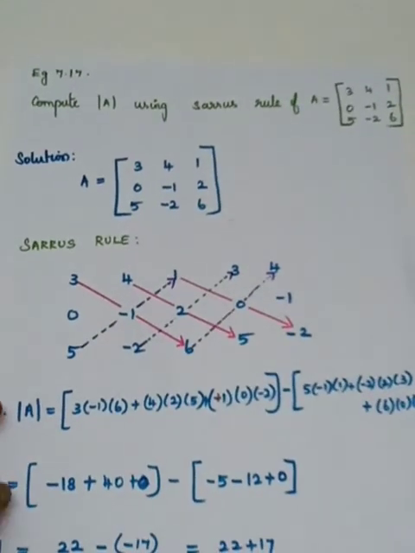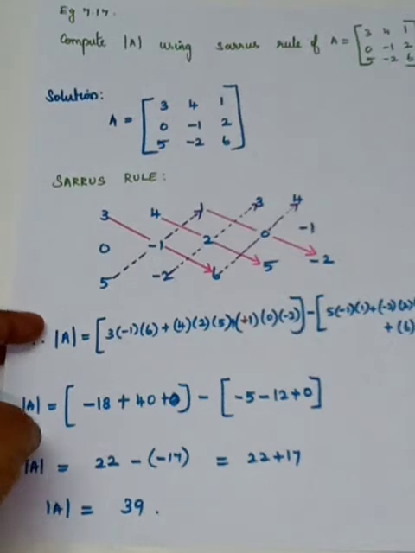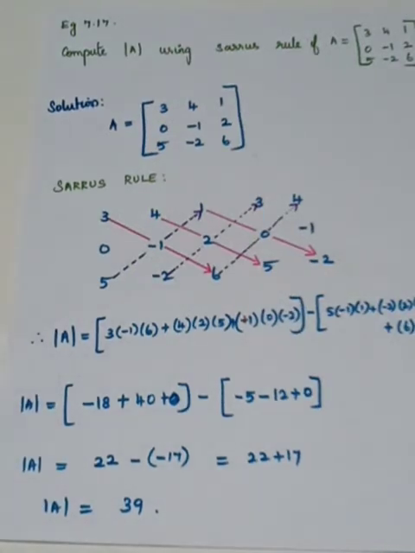39. If the method is asked, evaluate or find the determinant value using Sarrus rule, in this way only you have to proceed. Otherwise, Laplace expansion is easy for us to find the value of the determinant. Using cofactors, we find the value of the determinant in the Laplace expansion.